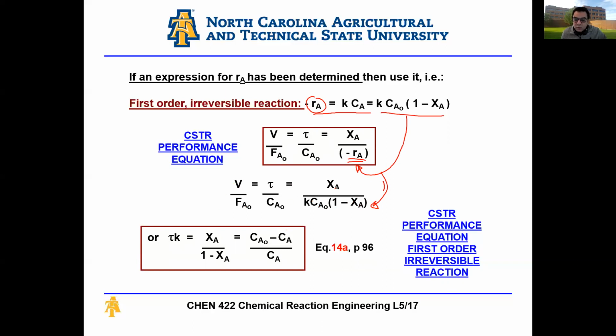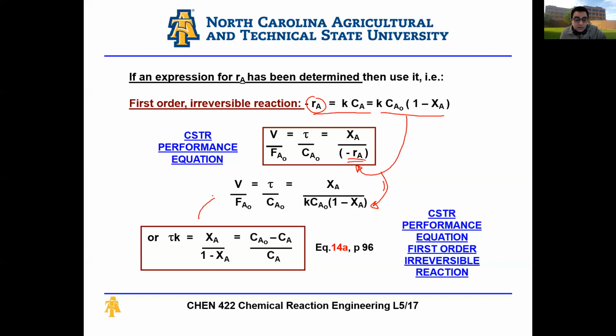So if I ask you what's the conversion of A when the initial feed is 50 moles per meter cubed, or what's the conversion of A if I double the volume, something like that, you can always use this equation to solve the problem. And of course, you can rearrange it to this form: tau K is equal to XA over 1 minus XA, which is CA naught minus CA over CA.